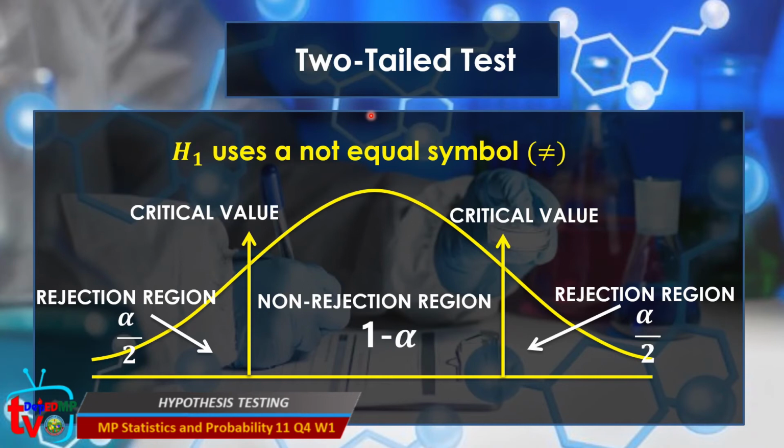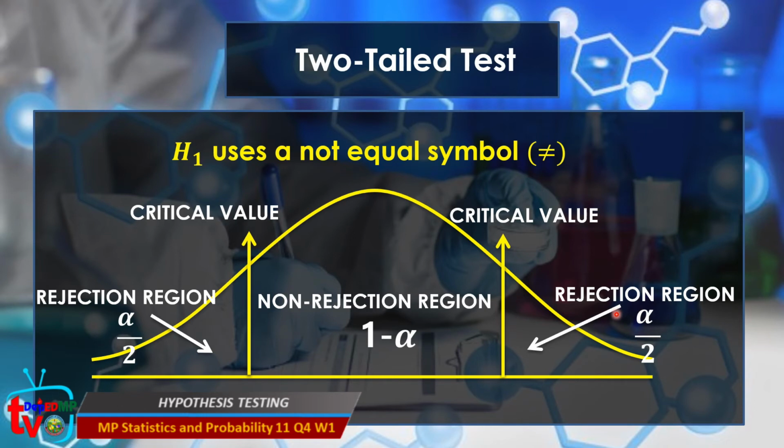The second type of test is the two-tailed test. This is what we call the non-directional test. The rejection region is on both sides of the curve. So if you observe from the figure, if this is the normal curve, we have two rejection regions, from the left and from the right.